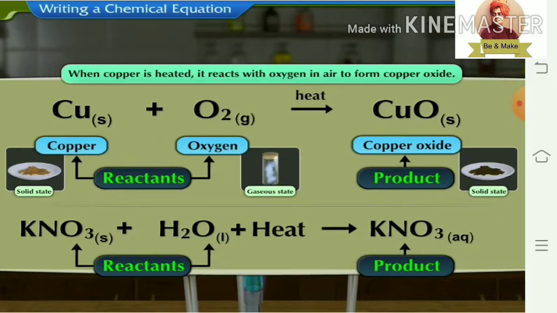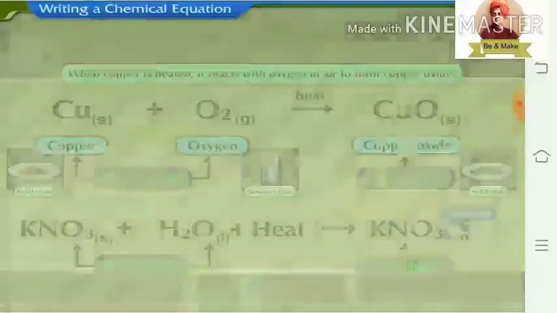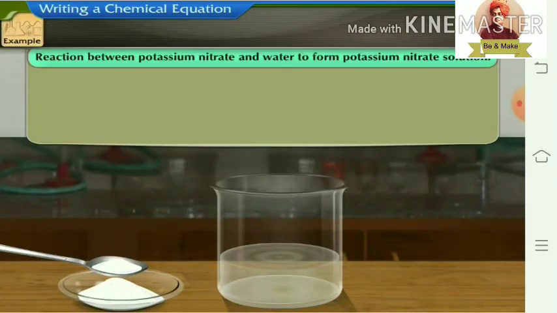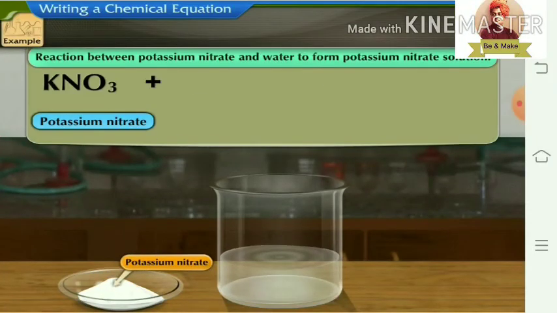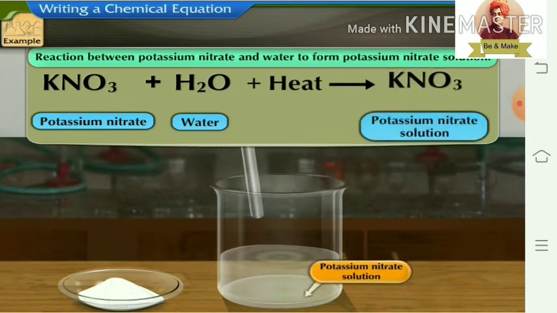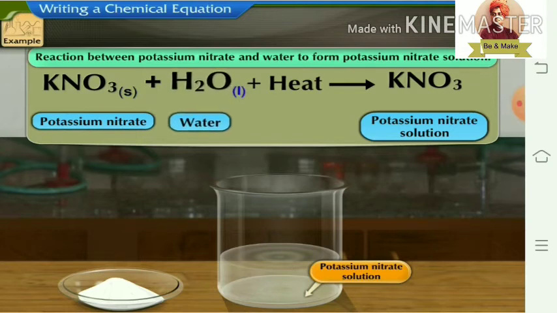It forms an aqueous solution, meaning when crystals or powder of KNO3 is added to water and this mixture is heated, we get its aqueous solution. In the reaction between potassium nitrate and water to form potassium nitrate solution, potassium nitrate is solid, that is a powder, and water is liquid, taken in the beaker.